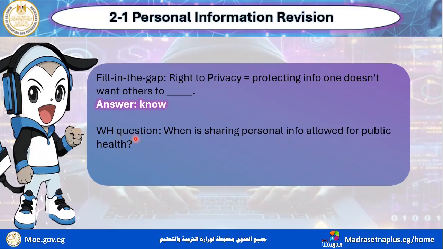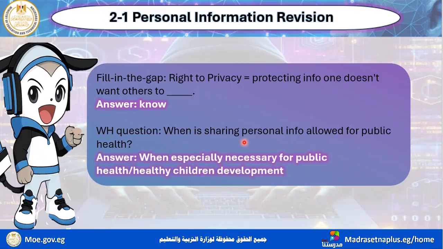A WH question. When is sharing personal information allowed for public health? So when can we share personal information? Well, when specially necessary for public health or healthy children development.